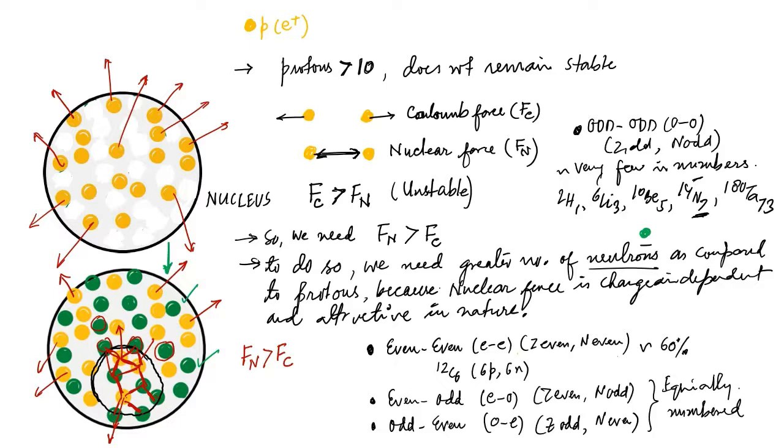The conclusion from the NZ curve is that for a system to be stable, we need more neutrons as compared to protons, and that is evident from the curve.